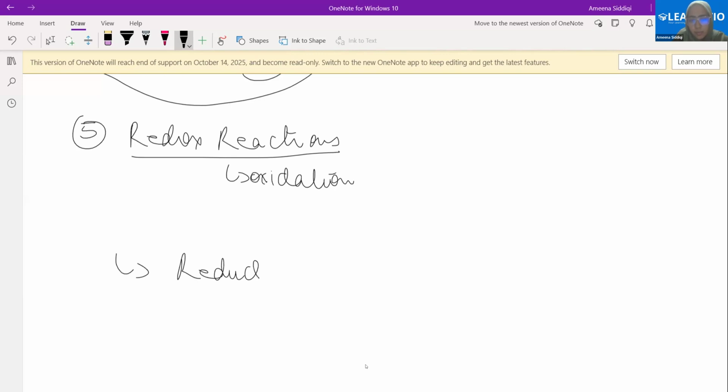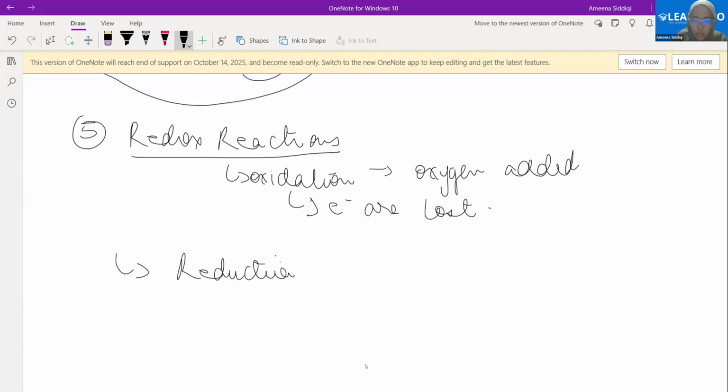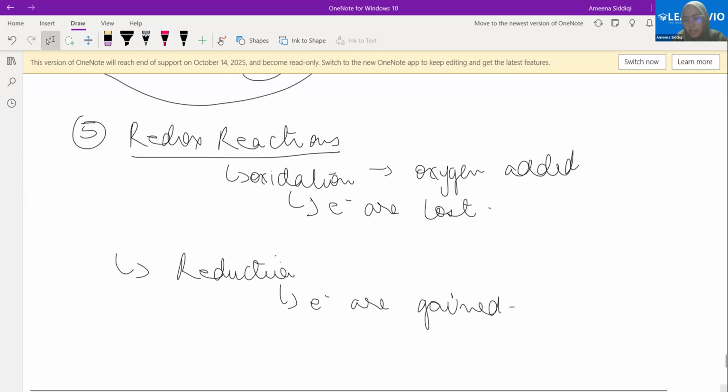In oxidation, oxygen is added and hydrogen is removed. Are electrons lost or gained? In oxidation, electrons are lost. In reduction, electrons are gained. Wonderful.